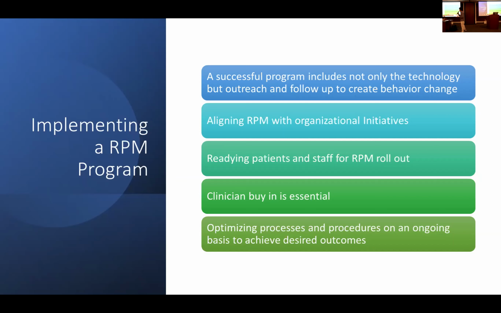All right, aligning remote patient monitoring with your organizational initiatives, and then readying your patients and staff for the rollout of your program. And as I said, buy-in from the clinical team is essential in order to make this a success. And then continuing to optimize procedures and processes on an ongoing basis.